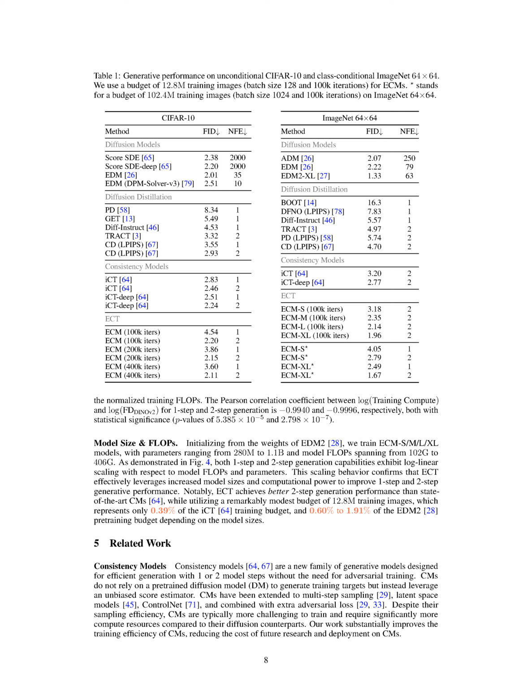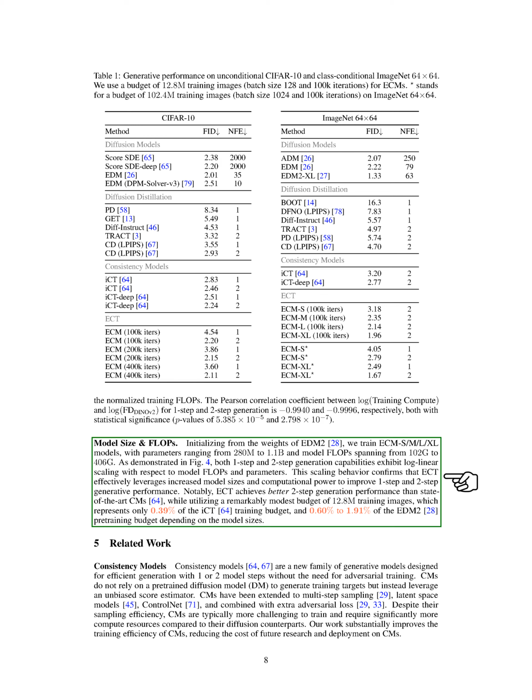Additionally, we analyze the scaling behavior of ECT in terms of training compute, model size, and flops, demonstrating that increased computational investment leads to significant improvements in generative performance, especially in one-step and two-step generation capabilities.